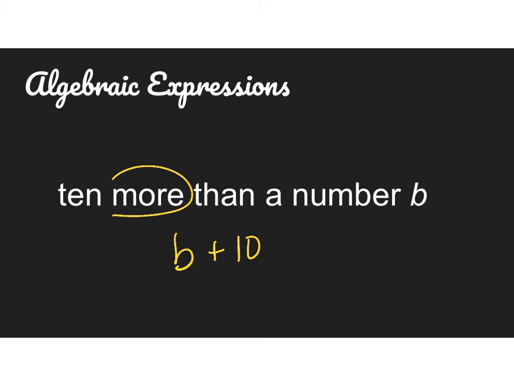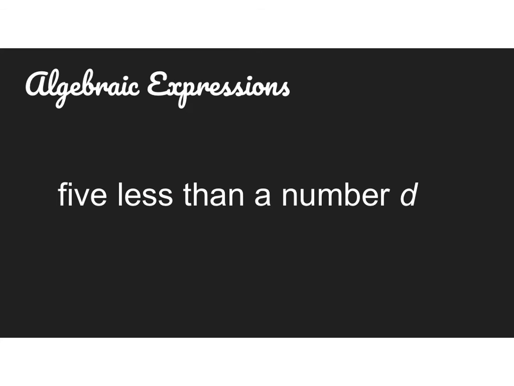I'm looking for those key words in here. 5 less than a number d. That means I'm going to start with d and I need to subtract 5 because I'm looking for less than.